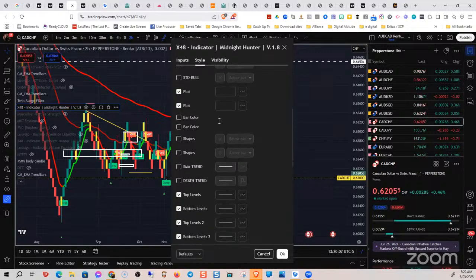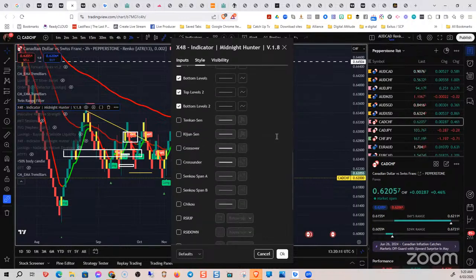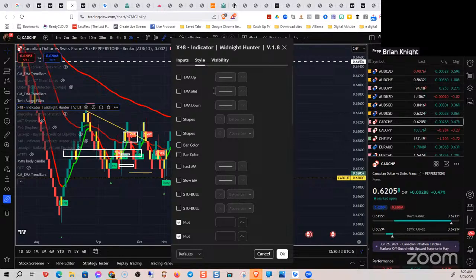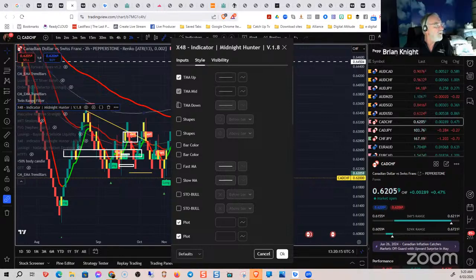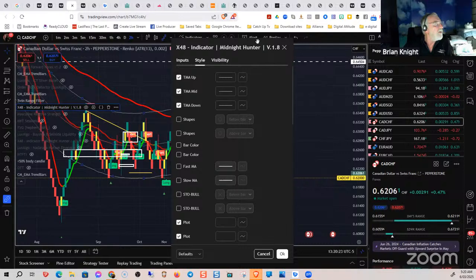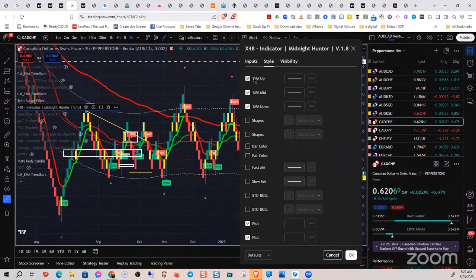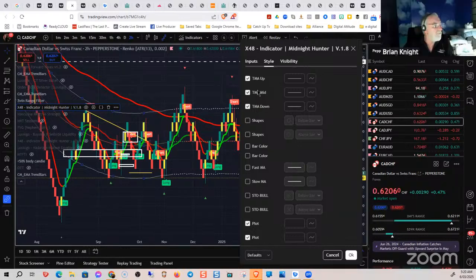Yeah, plots are done. Labeled line. I think it's up here. TMA. Slide the whole box over to your right. No, you want those dotted lines. Yeah, TMA. These ones. Yeah. Got it. Okay.